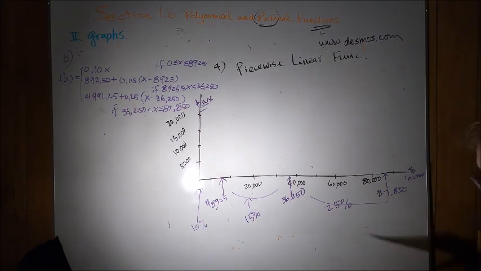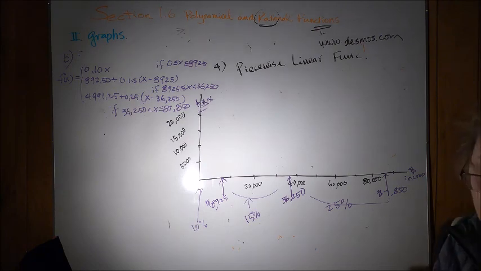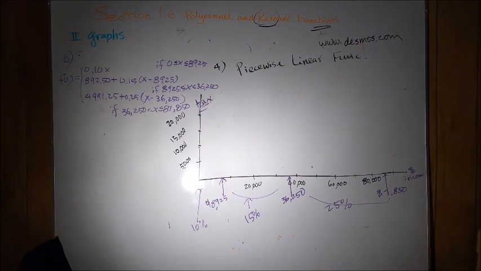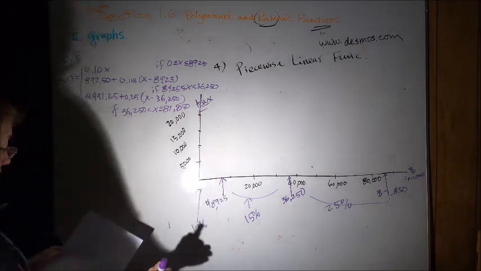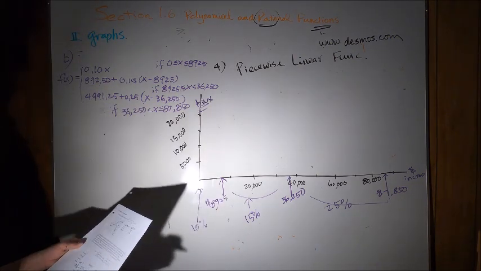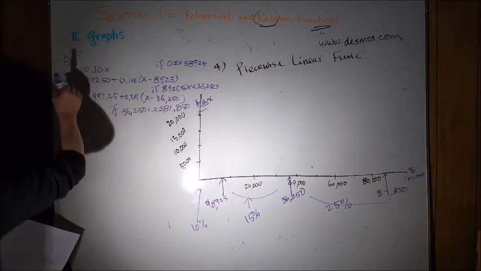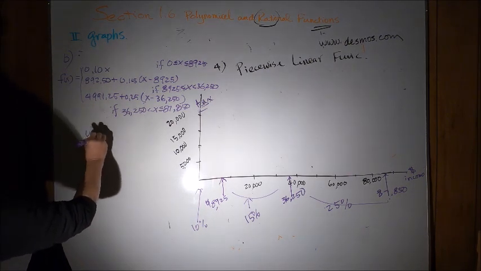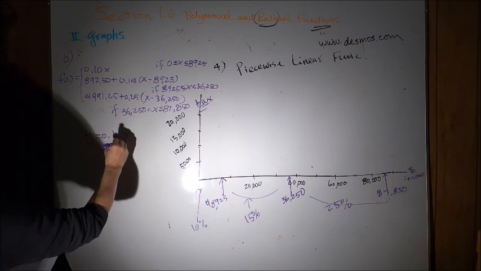25%. So if we look at the graph, that's how we are going to graph it piecewise, a piece at a time, okay? From $0 to $8,925, this equation is what? Y equals 0.10x.